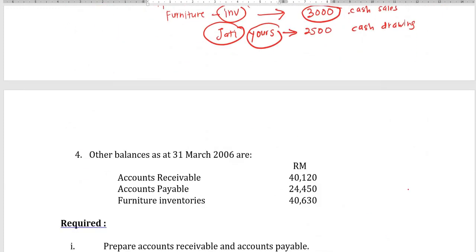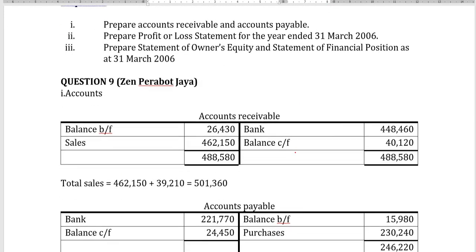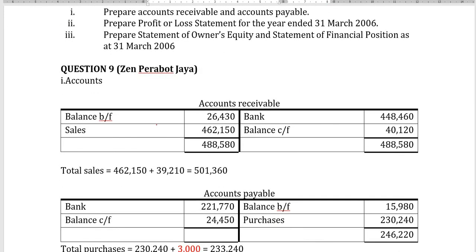Okay, alright, and then dia bagi balance. So kita prepare AR and AP. Okay, so AR macam biasa, you take the balance from your cash book.